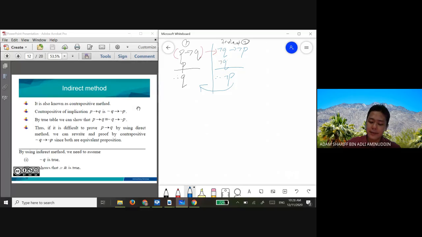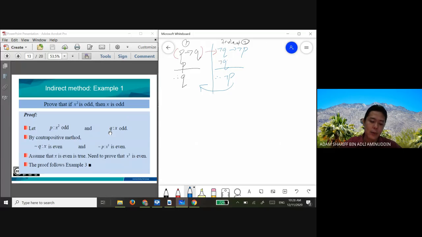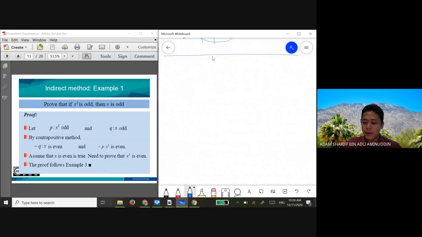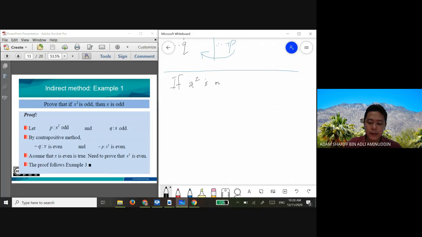Okay, let's go to the example for you to see why we need sometimes to use indirect method. Let's look at the first example here. Okay, focus please. Suppose this question, you need to prove if x squared is odd, then x is odd. Okay, let me show if we use direct method. Kalau guna direct method, macam mana dia punya cara proving dia? Dan apa akan jadi? We let x squared is odd, so x squared is 2k plus 1.